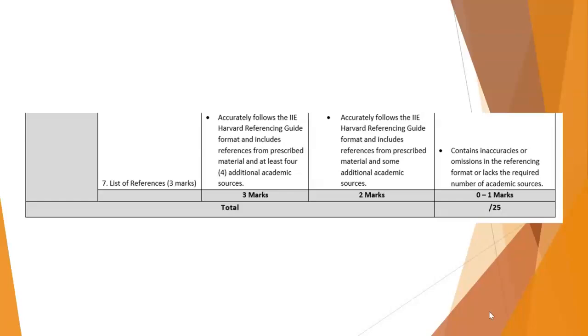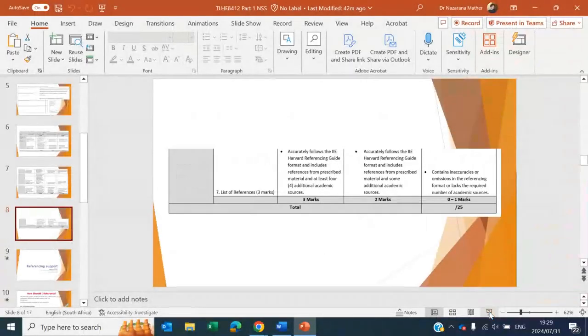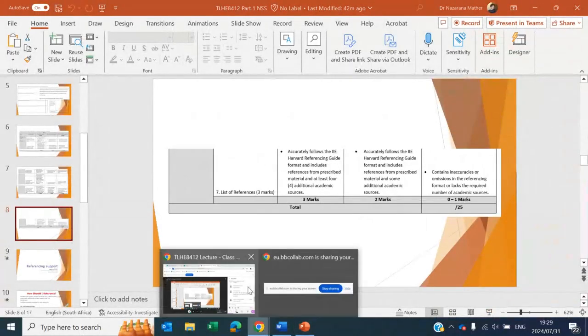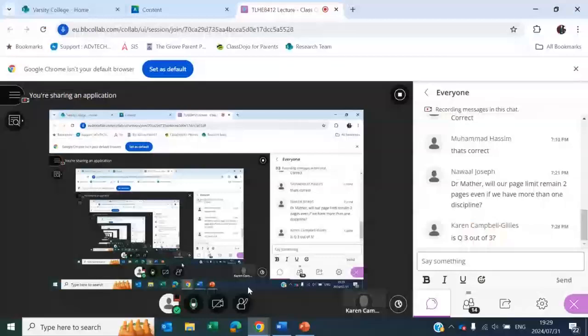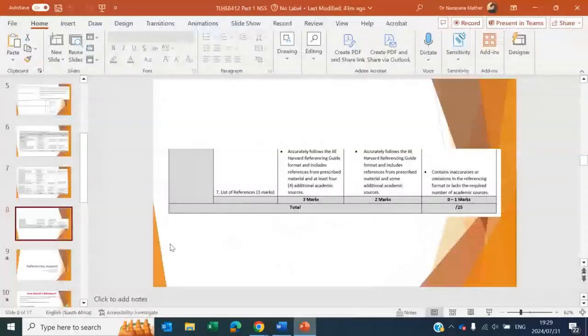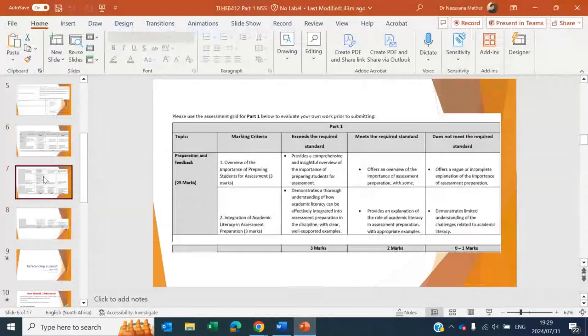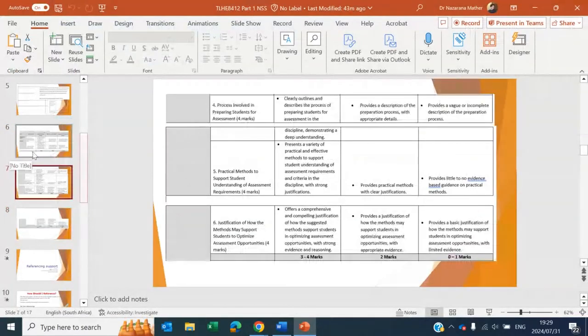Okay, so I heard another question. Is question 3 out of 3? Karen, let me go back. I'm not sure which one is question 3. 1, 2, 3. 1, 2.